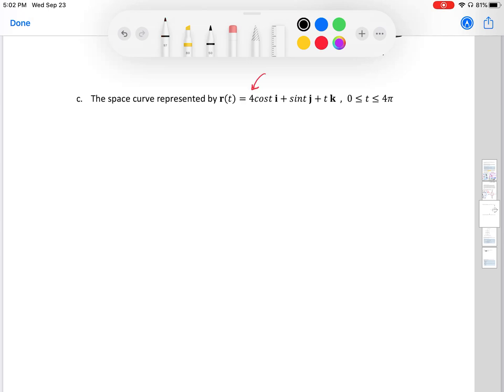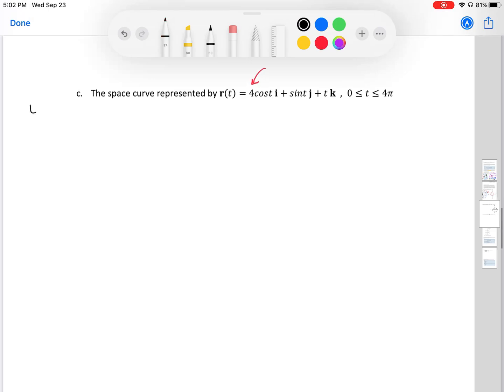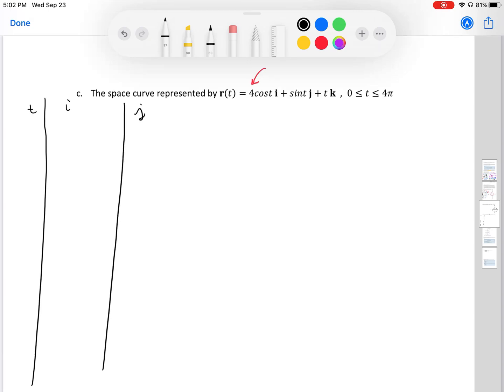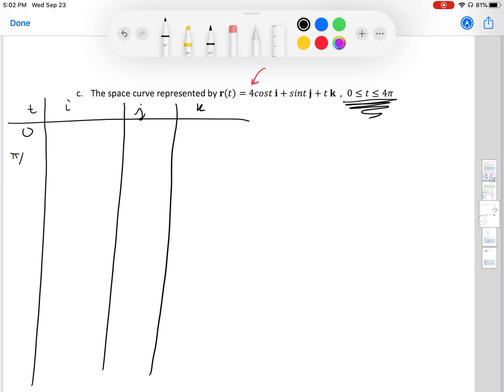Let's go ahead and create our chart just as before. We want values of t, and that will produce a value for your i component, your j component, and your k component. All right, we have 0. So we're starting at 0, and here it says we can go all the way to 4 pi.